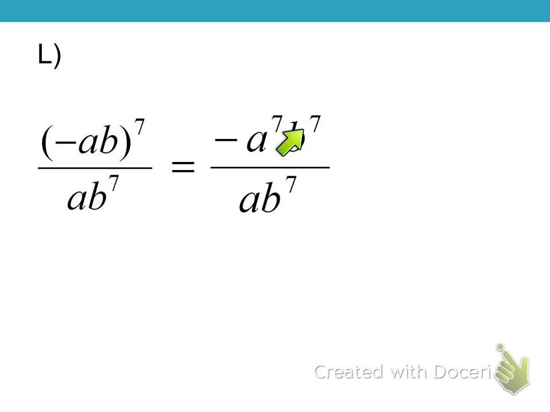If you have a negative number to the 7th power, it stays negative, okay? So this whole term up top is negative. The b's are going to go away. And then I have a to the 6th.